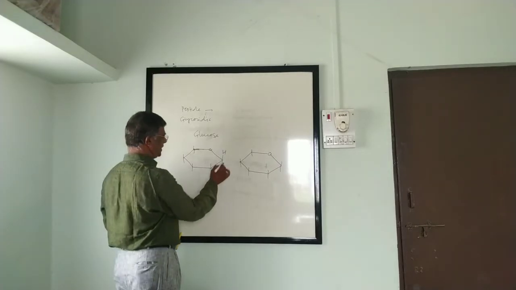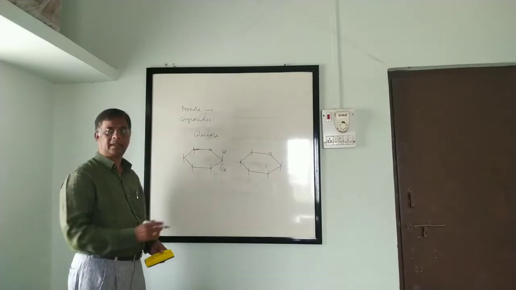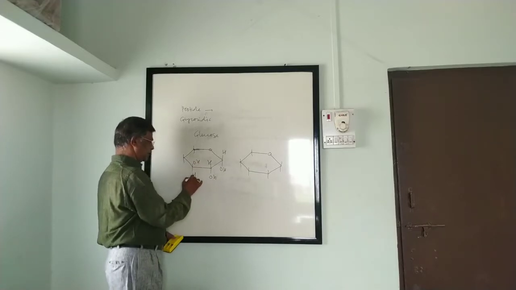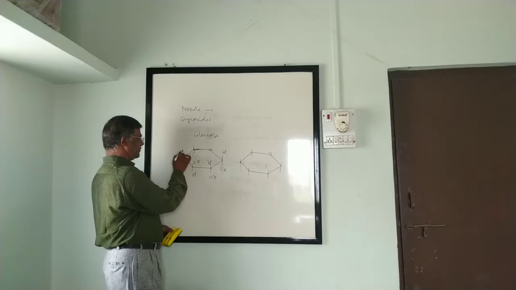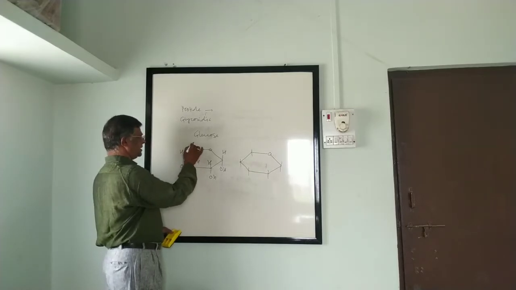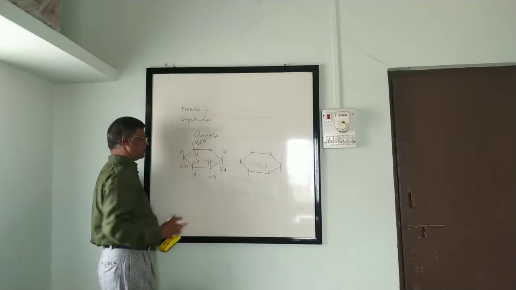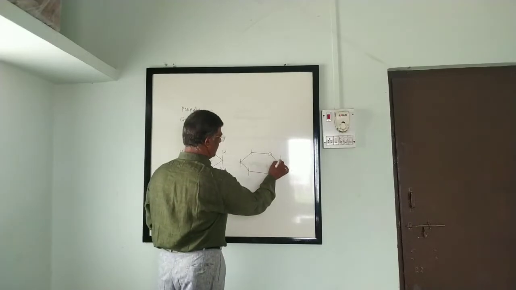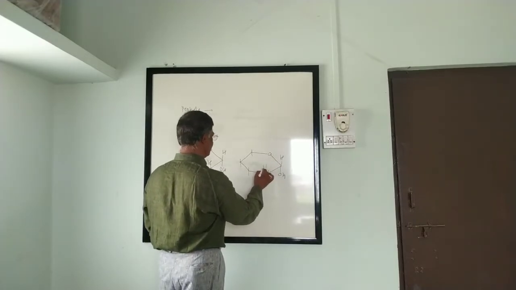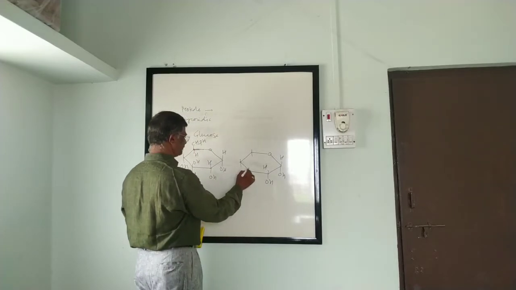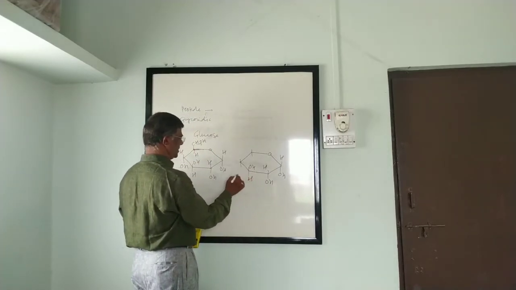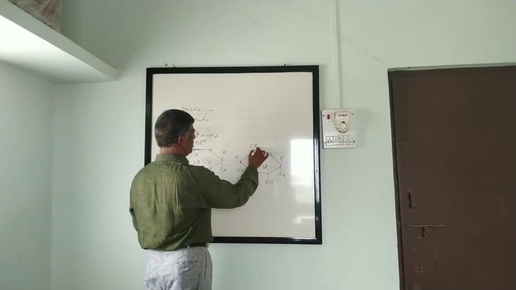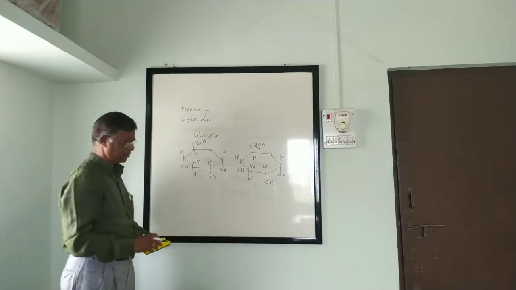So this is H, OH, then H, OH, OH, H, then H, OH, H, CH2OH. Glucose has 6 carbons, it is a hexose. Then another glucose molecule, same thing, H, OH, OH, H, OH, H, CH2OH. This is another glucose molecule.